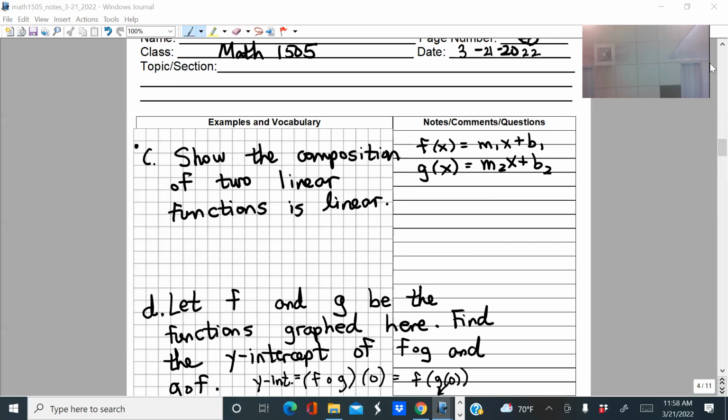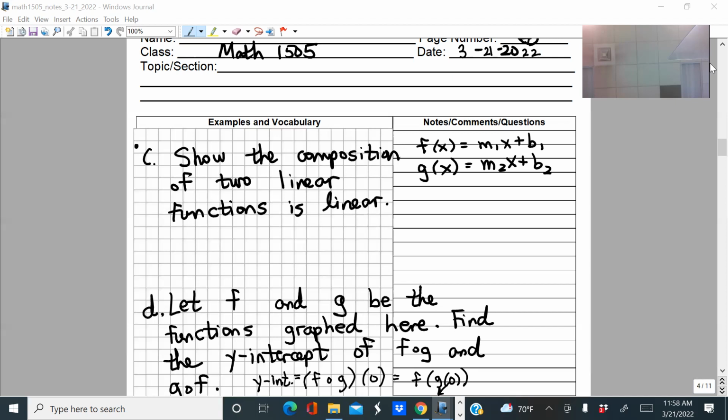So when you compose two linear functions, you get another linear function, right? So we want to demonstrate that that fact is true. But we want to prove this in general, not just for two specific linear functions, but in general for any two linear functions.